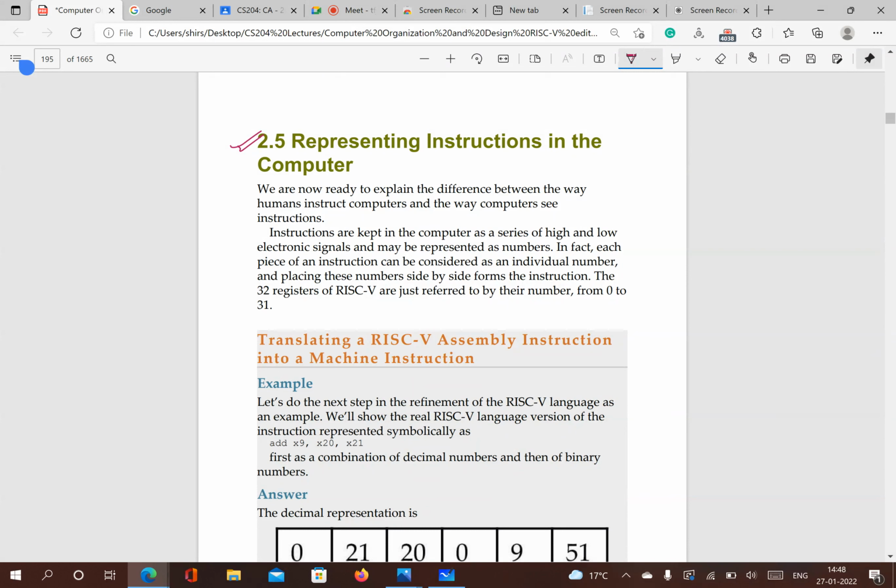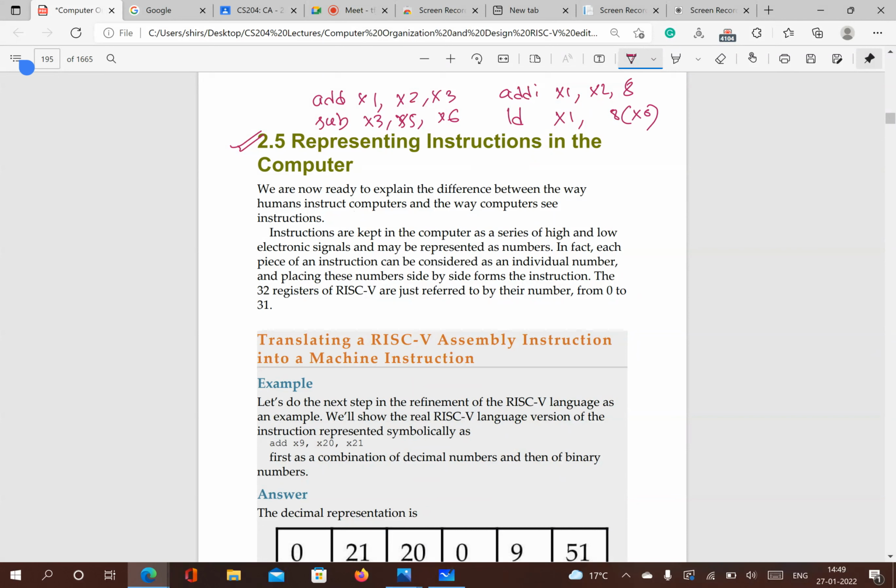Representing instructions means, suppose the instruction that I have written, add x1 x2 x3, or if I write another instruction like sub x3 x5 x6, and add, I also have explained, right? x1, suppose x2, and then here I'll write x8. Then if I write a load instruction, that also I have explained in the lecture.